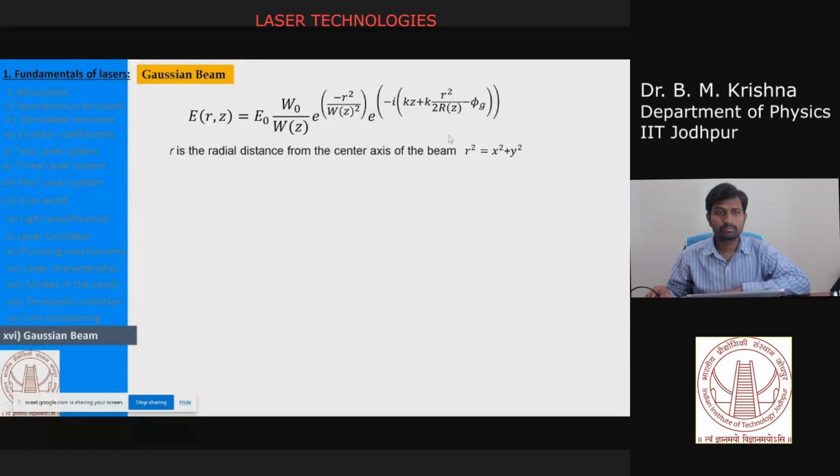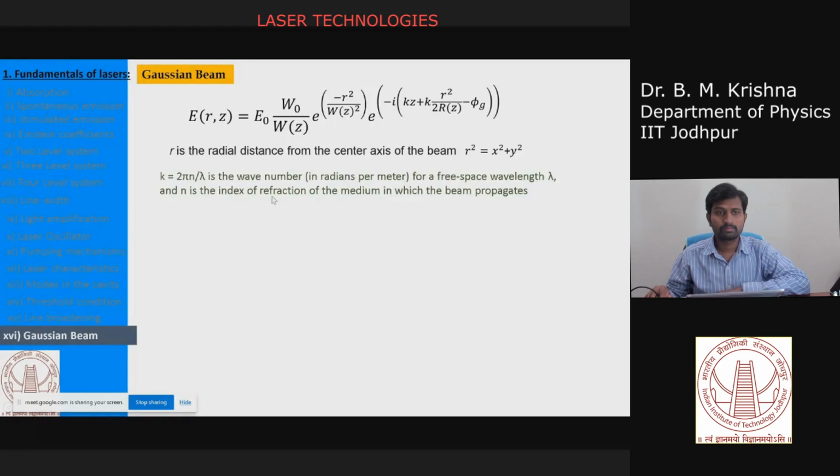And this factor determines the phase of your electromagnetic wave. Here r is the radial distance and k is the wave number, 2 pi n by lambda, where lambda is the free space wavelength and n is the refractive index of the medium in which the beam propagates. Sometimes we also call k the wave vector; both are the same.